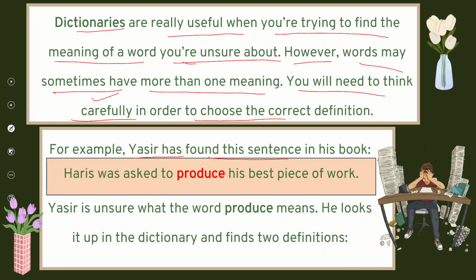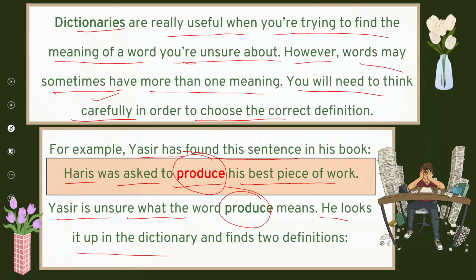Yasser has found this sentence in his book: Haris was asked to produce his best piece of work. Now, what does the word produce mean over here? Yasser is unsure what the word produce means. He looks it up in the dictionary and finds two definitions.